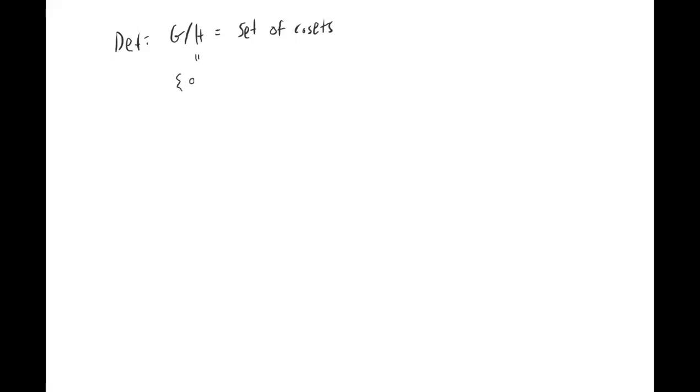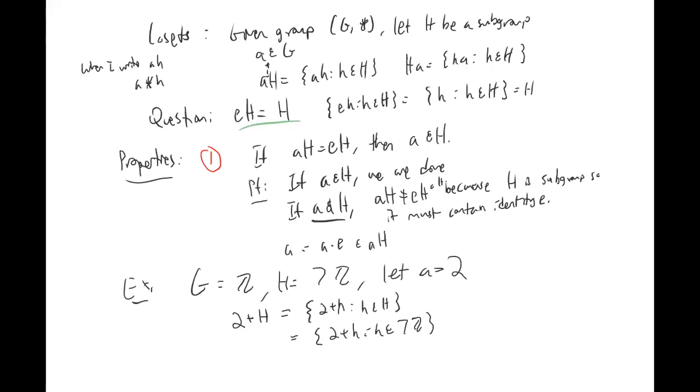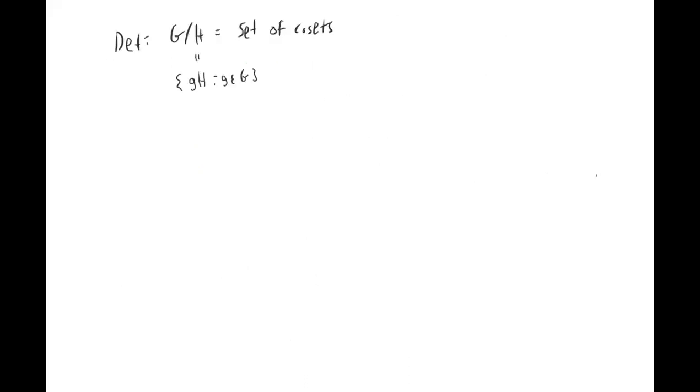It's the set of gH for g in G. For one coset, you take one element g in G, so for the set of all cosets, you just let g run through every element in G. Is everyone clear on this? By coset, left or right, just pick one.